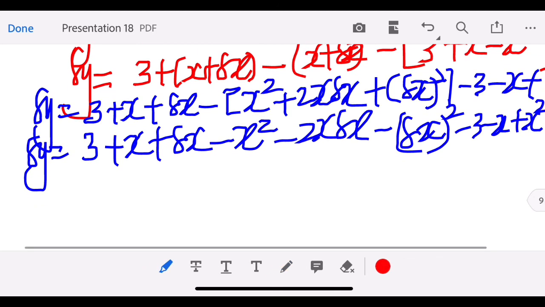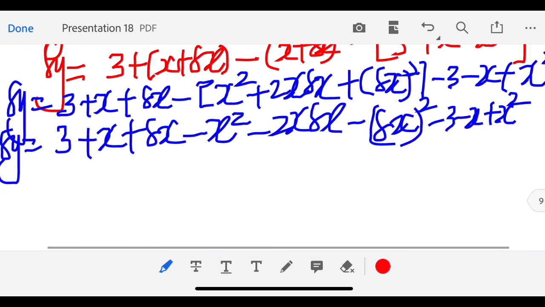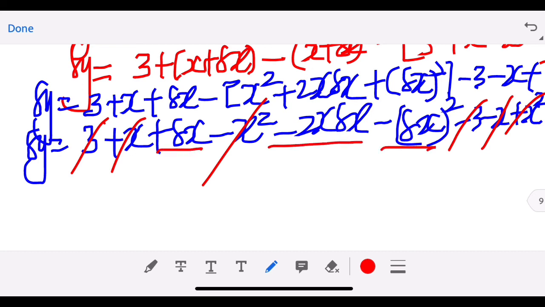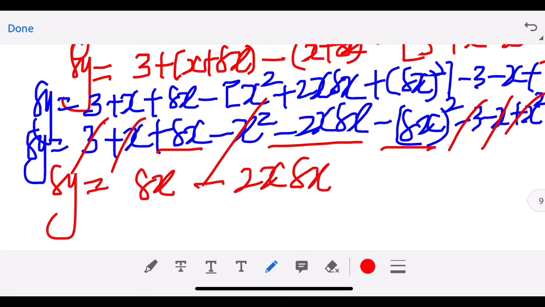So let's see, we have x, we have 3 and negative 3, we have x and minus x. Normally the function can be cancelled out, right? So finally we have the balance of this and this and this. So delta y is delta x minus 2x delta x minus delta x squared.